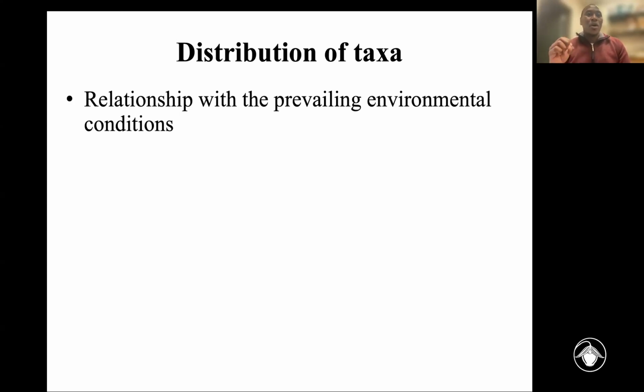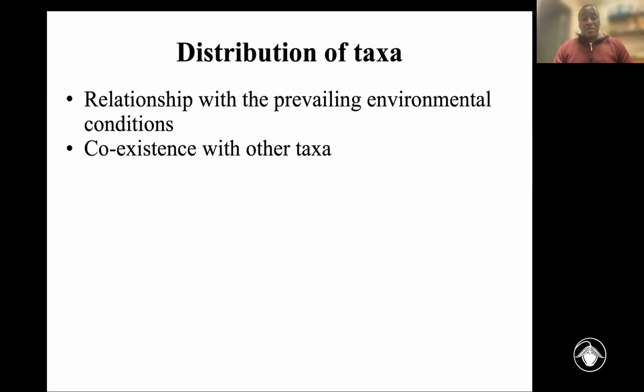And this is the basis for species distribution modeling, for example, or ecological niche modeling, because we are making the assumption that this plant is found in this region because it has ecological affinity or tolerance for the particular microclimatic or environmental conditions in that area, which are favorable for that plant, and that's why the plant is found in that location.